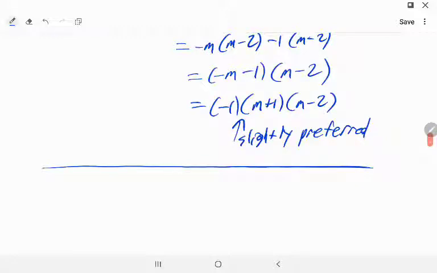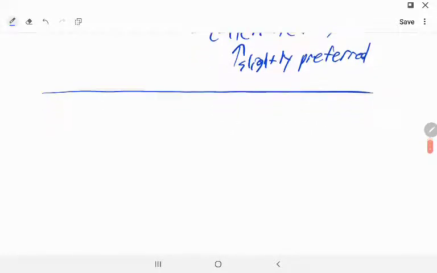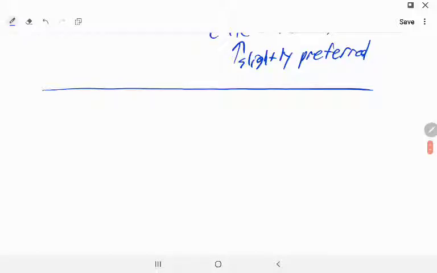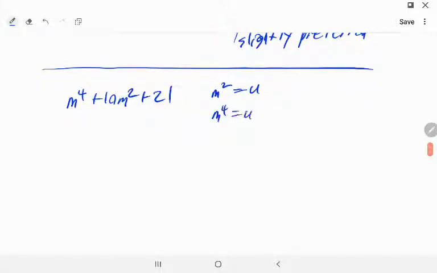If we had m to the fourth plus 10m squared plus 21, we can think of m squared as equaling u, so m to the fourth equals u squared, so we can think of this as u squared plus 10u plus 21.